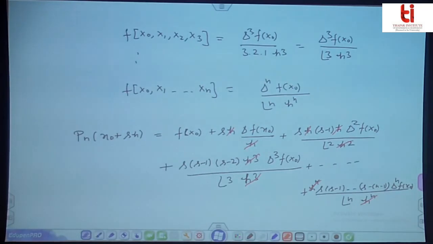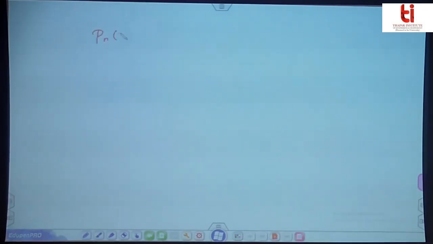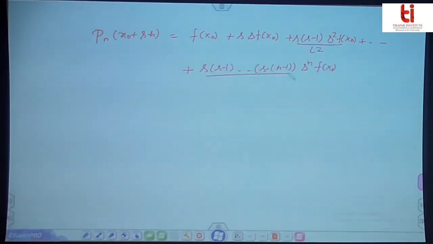So what you are getting here is Pn of x0 plus sh equal to f of x0 plus s Δf(x0) plus s(s minus 1) Δ square f(x0) upon factorial 2, and so on, plus s(s minus 1)...(s minus n plus 1) Δ n f(x0) upon factorial n.